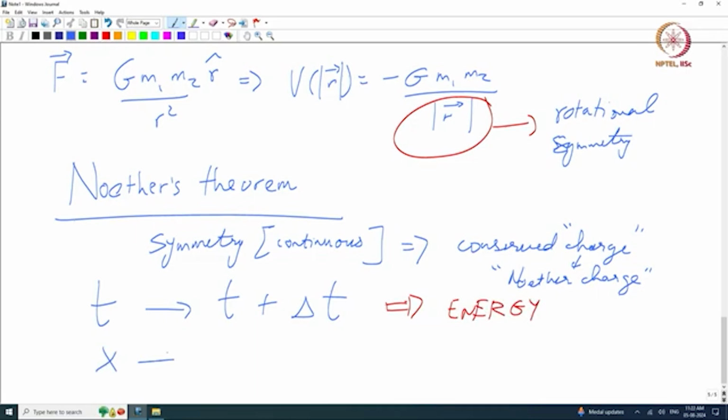And suppose the system is invariant under spatial translations. Yeah, good. Okay. So let me redraw this. So I'm just going to write momentum, okay? It's understood as linear momentum.